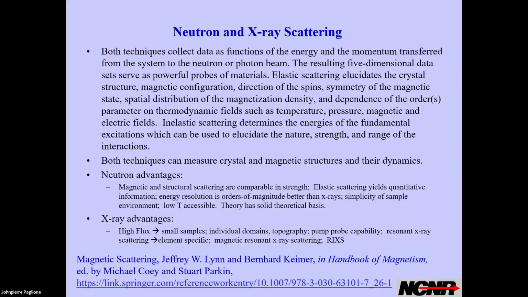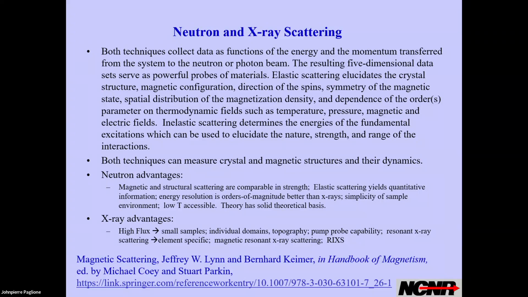So you don't need to read this, but I just mentioned the advantages of neutrons versus X-rays. For neutrons, the magnetic and structural scatterings are comparable in strength. So that makes life very, very nice. Elastic scattering, you can get quantitative information about, for example, ordered moments, atomic positions.